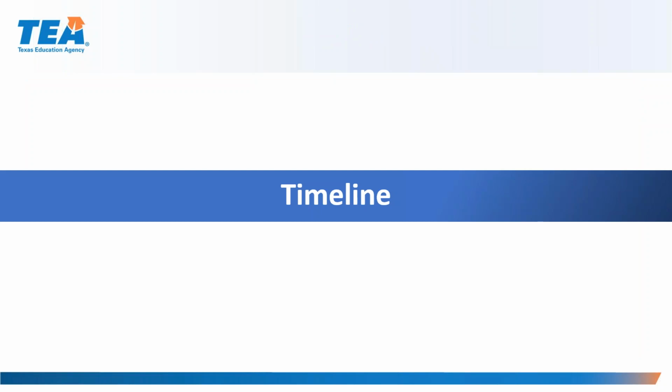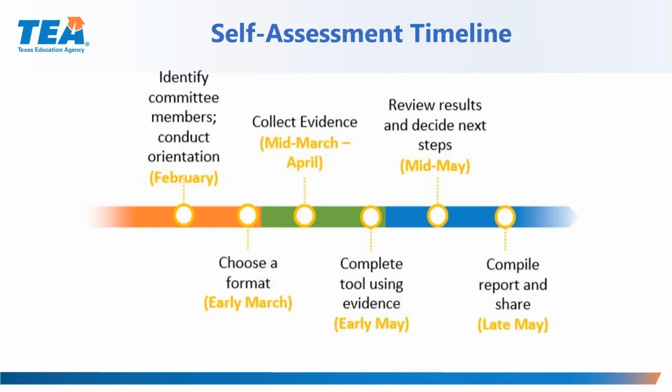You might also be wondering about when to start the self-assessment process. Let's look at a recommended self-assessment timeline. You will notice it goes from February to late May. So in February, you might identify your self-assessment committee members and conduct an orientation with them so that they know the self-assessment document well and what forms of evidence that they might collect.